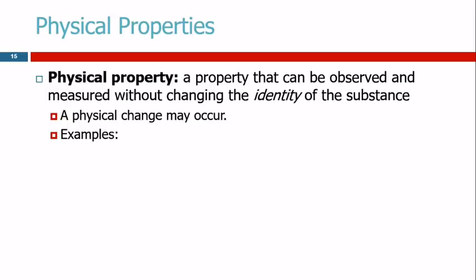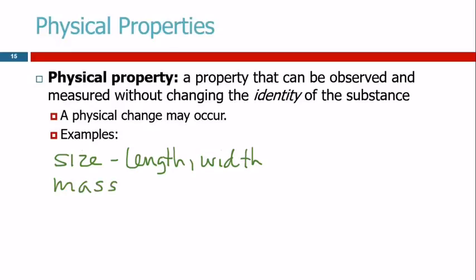We could measure the dimensions, right? So we could say, well, this is 8.5 inches by 11 inches. So size. Length, width. We could weigh it, its mass, how heavy it is.